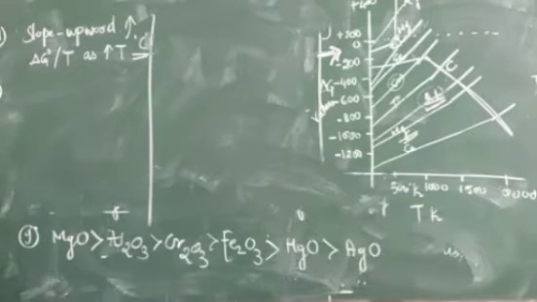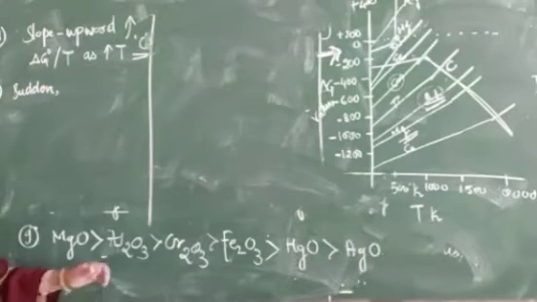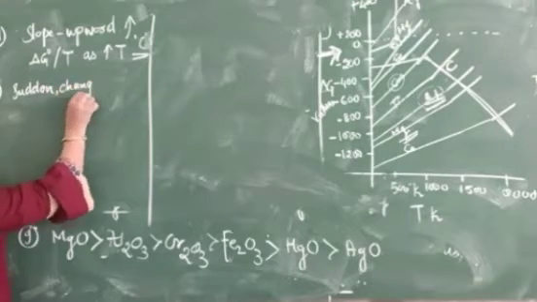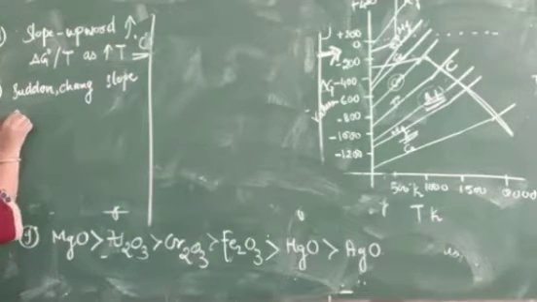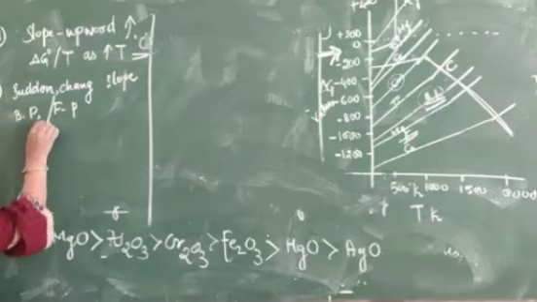The second one: there is a sudden change in the slope of the graph. That point we call a fusion point or boiling point.